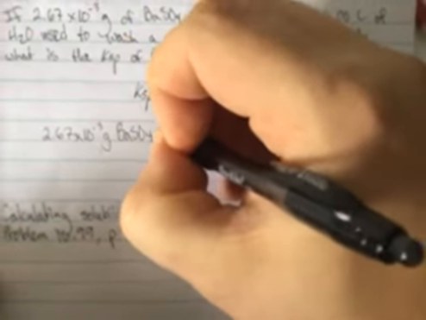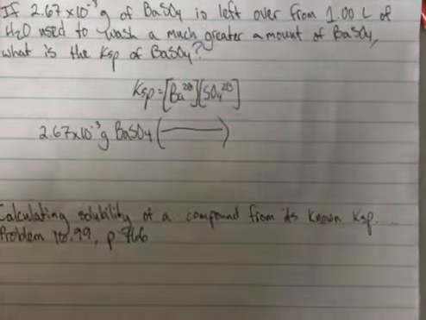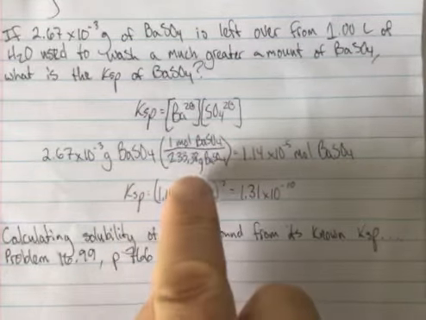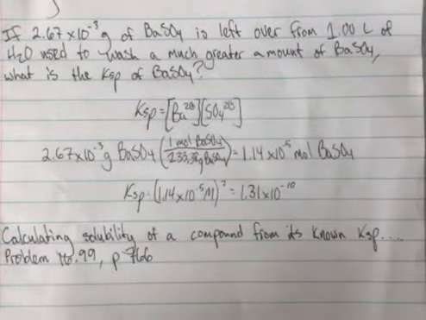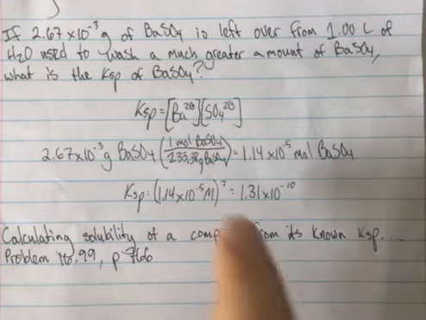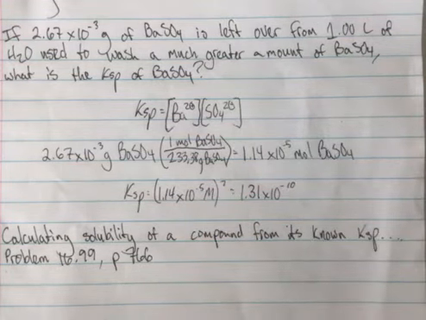Now that we have our conversion factor, our molecular weight, 2.67 times 10 to the minus 3 grams of barium sulfate converted into moles is going to leave you with 1.14 times 10 to the minus 5 moles of barium sulfate.